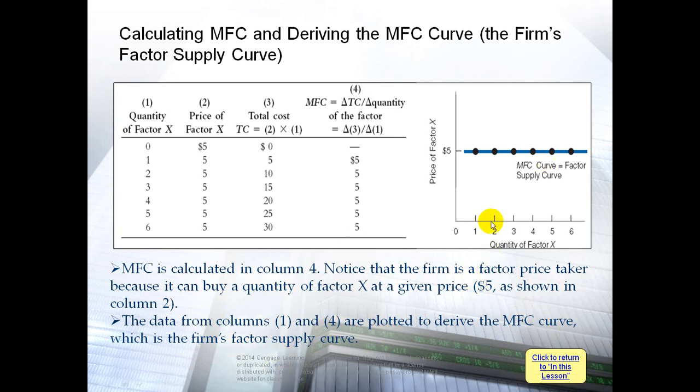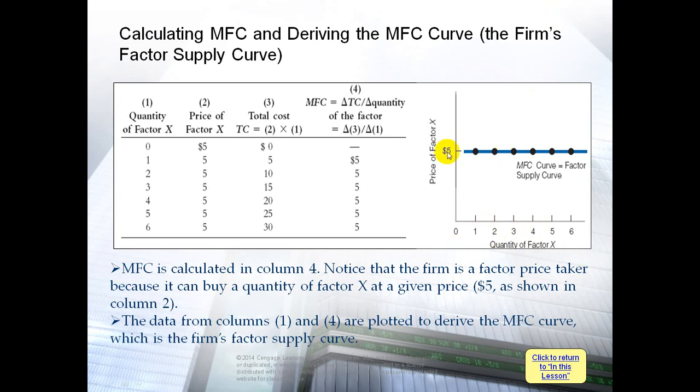So look here at the graph: quantity of factor X, quantity of the machines, 1 machine, 2 machines, 3 machines, 4 machines. Imagine you are the business, and you are now the demander of these machines.